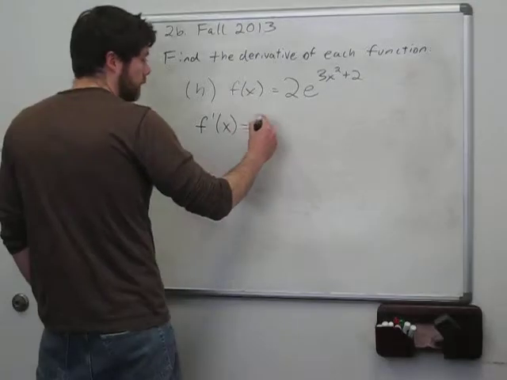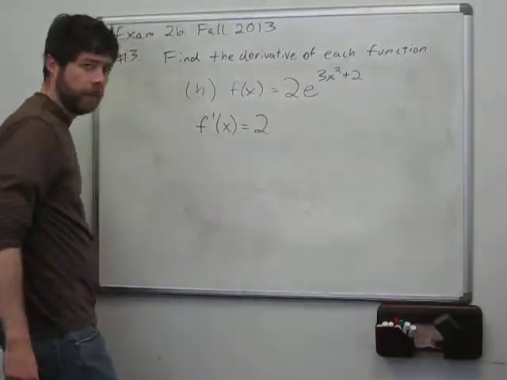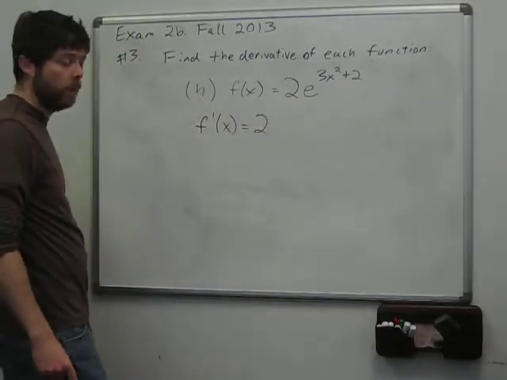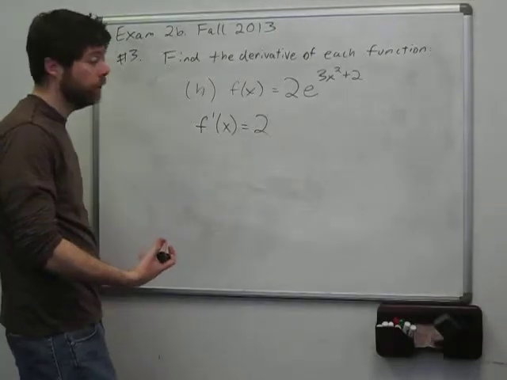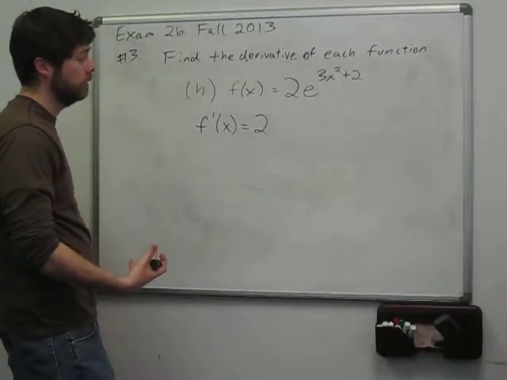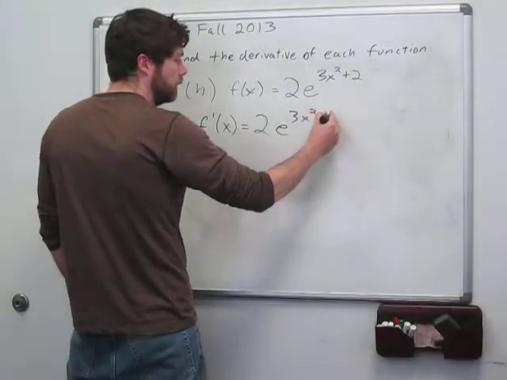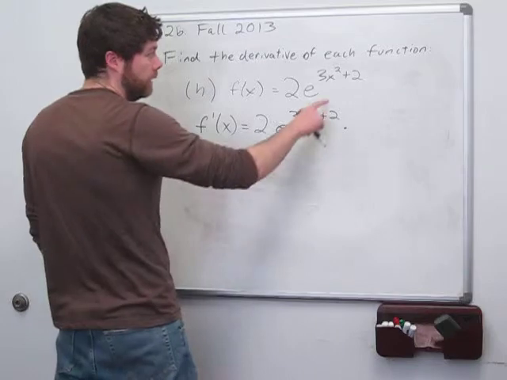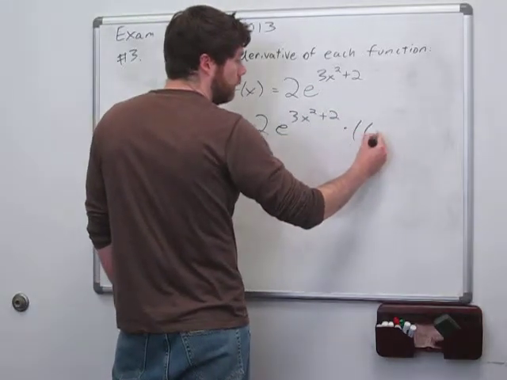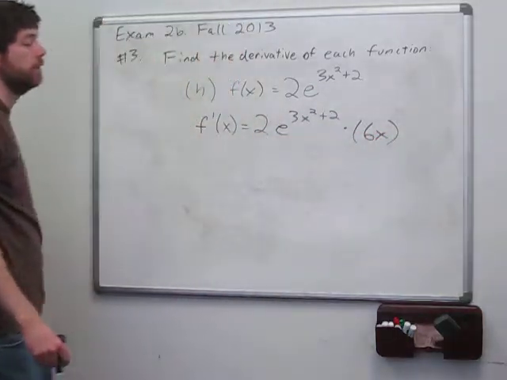But in this case, since the natural log of the base, the natural log of e is just equal to 1, we don't need to worry about writing natural log of e. Instead, we'll just have the original exponential chain on the derivative of the power, which in this case will be 6x.